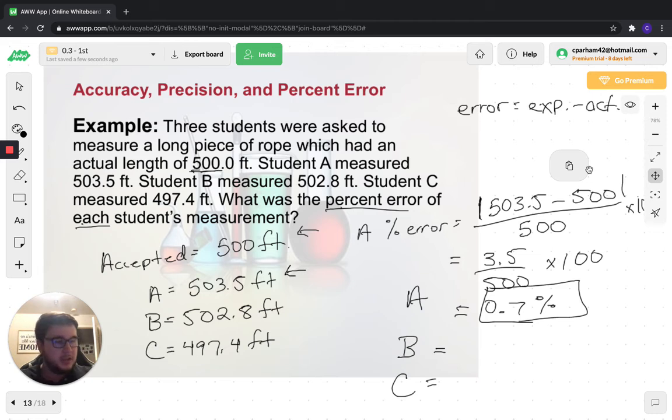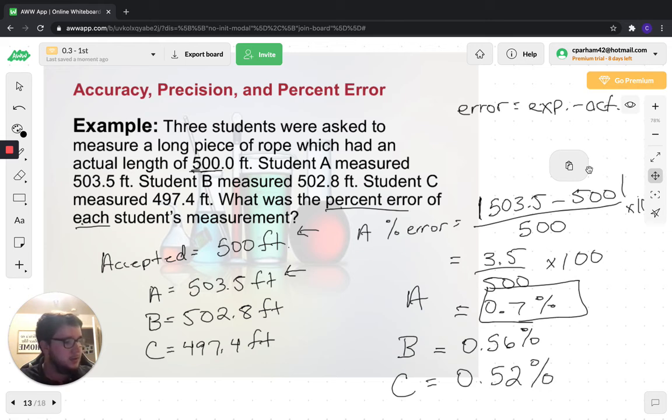Okay, so for B, it's going to be 0.56%. And then for C, it's going to be 0.52%.